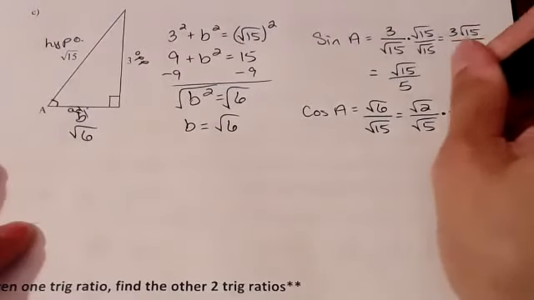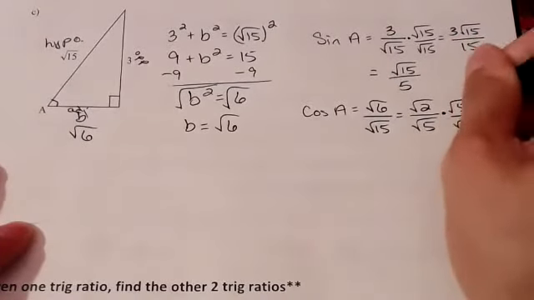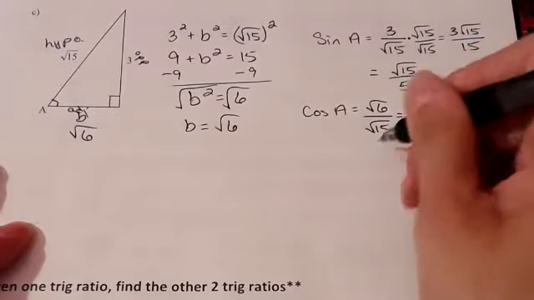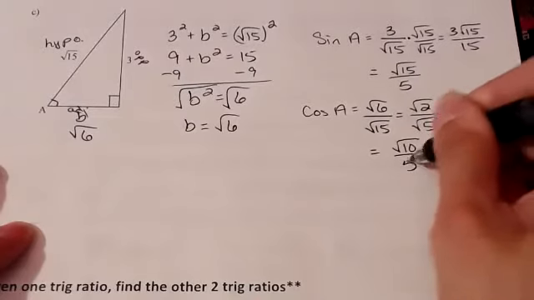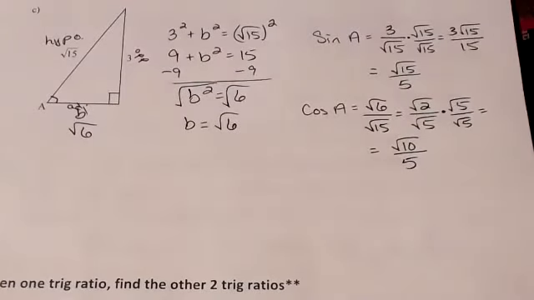So now I multiply by the square root of 5. When I do so, my final result becomes square root of 10 over 5. And that is simplified all the way. We know that there's no coefficient other than 1 in front of square root of 10, so I can't reduce any further. Good.